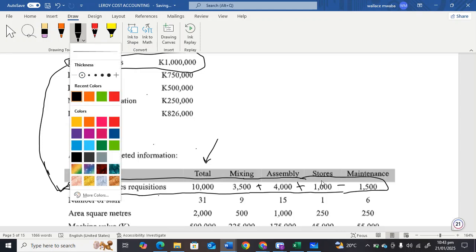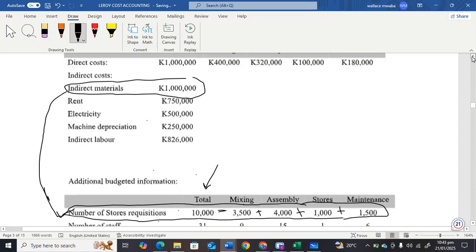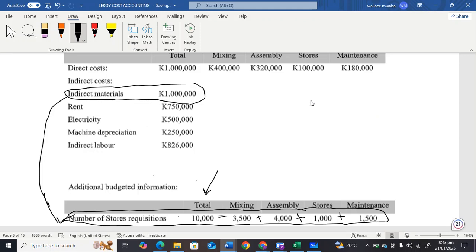After you get the total, this is how you are going to apportion. For mixing, out of the total 10,000 store requisitions, mixing has 3,500.